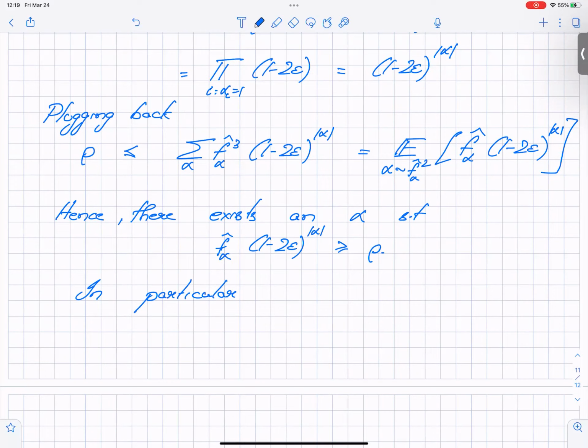That's all I'm going to come to. In particular, f hat alpha is greater than rho. There exists an alpha for which this happens. And this latter thing says the size of alpha should be less than order 1 over epsilon log 1 over rho.